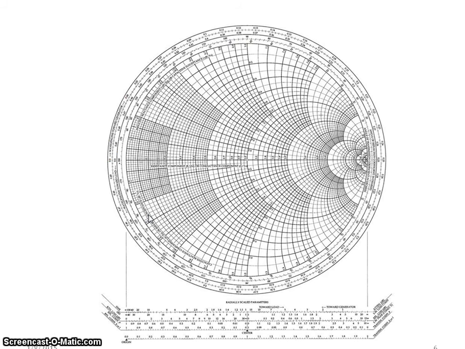Now let us see the different lines, circles and points on the Smith chart. The central line, which is shown by the black line: all the numbers written on this line are normalized resistance values.